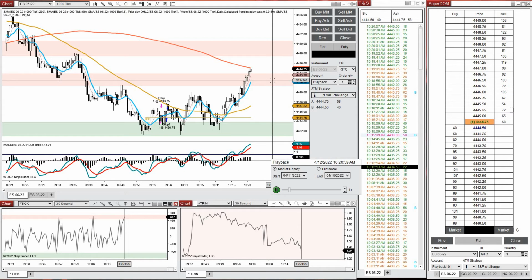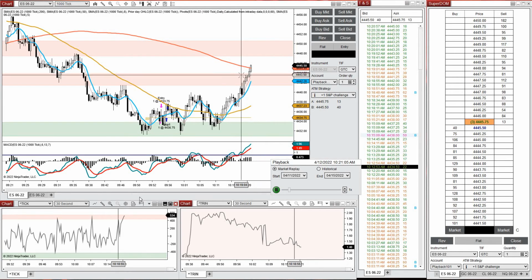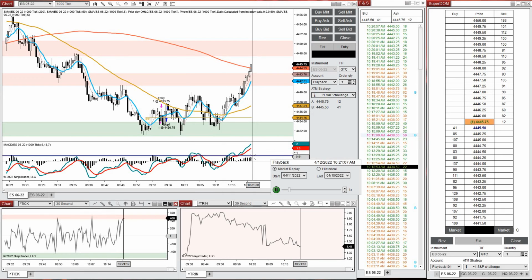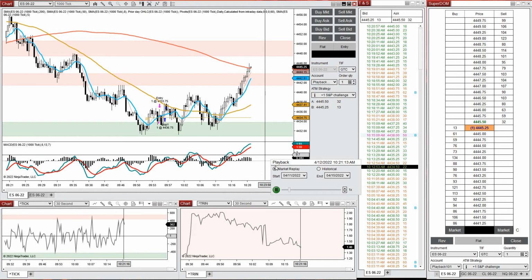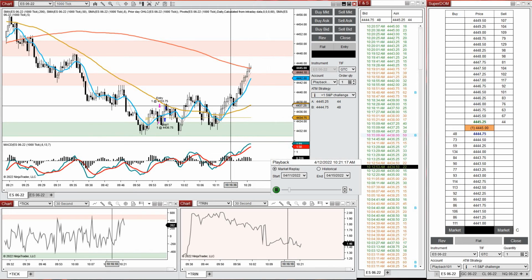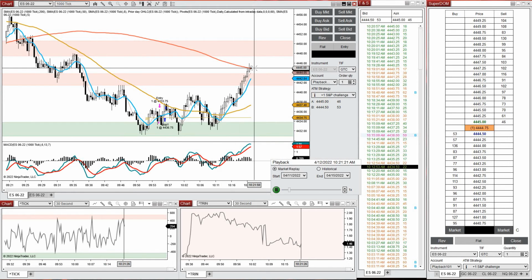So looking for some type of bearish divergence though on this MACD. I ain't getting that just yet. This could be a bearish divergence. Boom, boom.